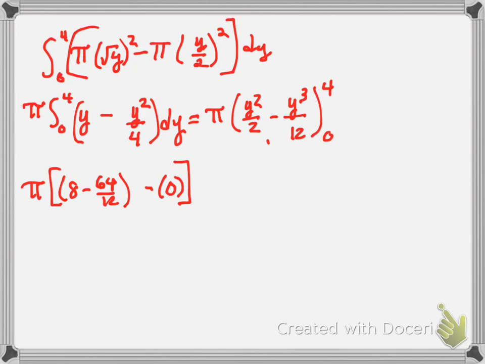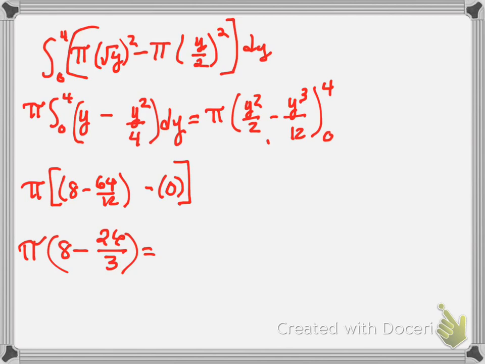So simplifying 8 minus 64 twelfths, if we reduce the 64 twelfths, divide them both by 4, I get 26 on top, 3 on the bottom, so I have 8 minus 26 thirds with a pi out front, so that would be 24 thirds.